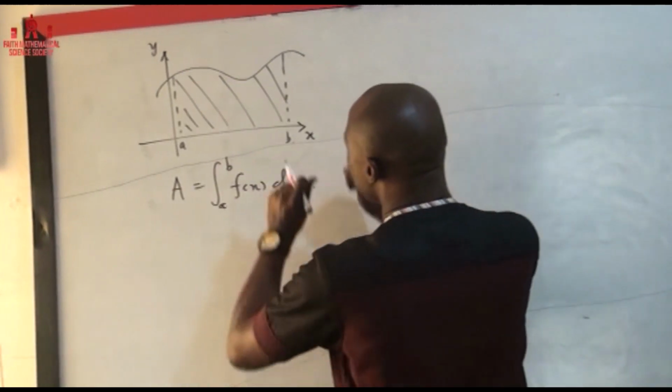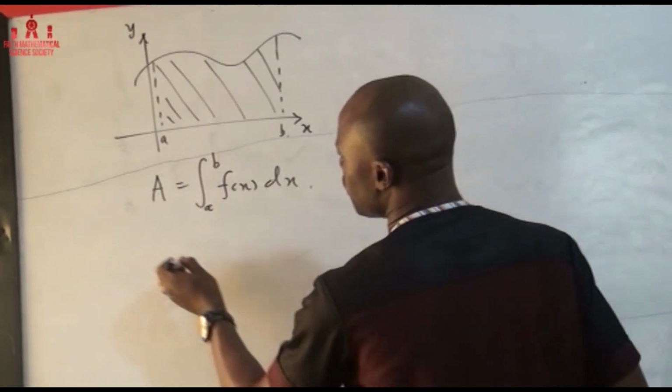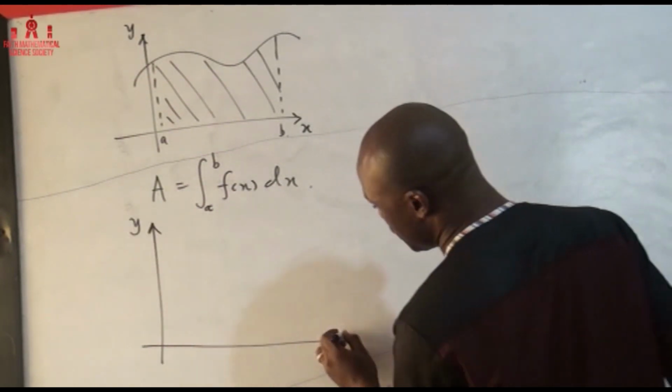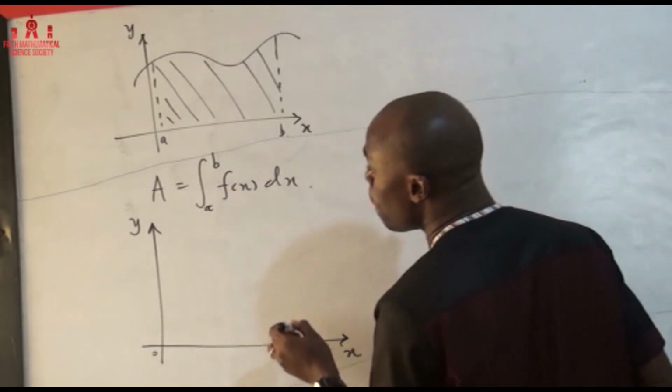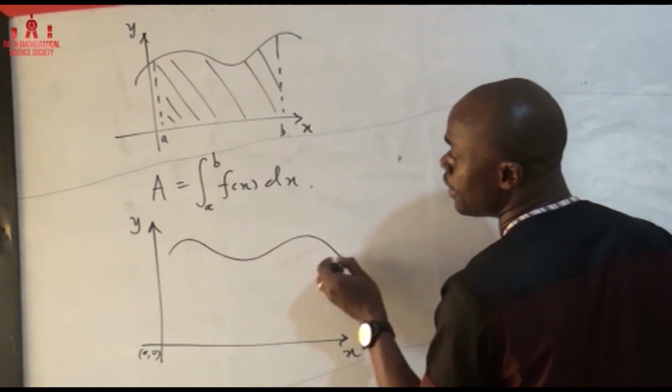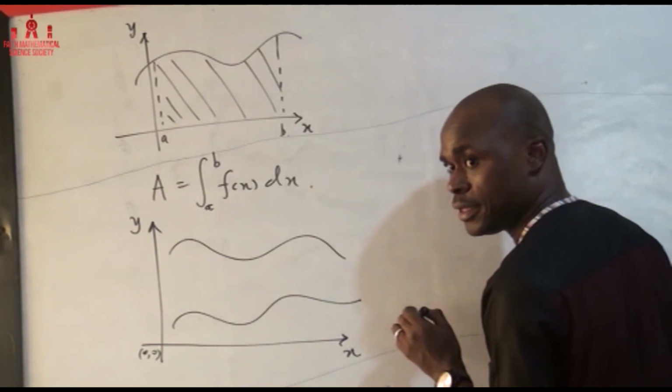All right, but it all depends. Sometimes you can have a curve like this, and this is the x-axis, this is my origin. It is possible for you to have a curve here and now have another curve here.